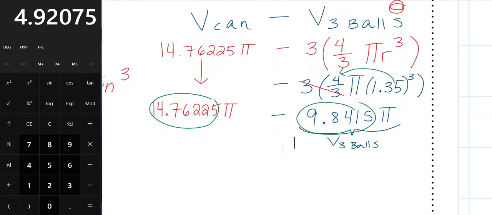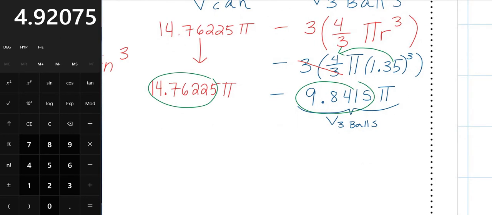So let me go ahead and write that down. So the empty space is 4.92075 pi inches cubed of empty space. And go on up and put that into my answer.